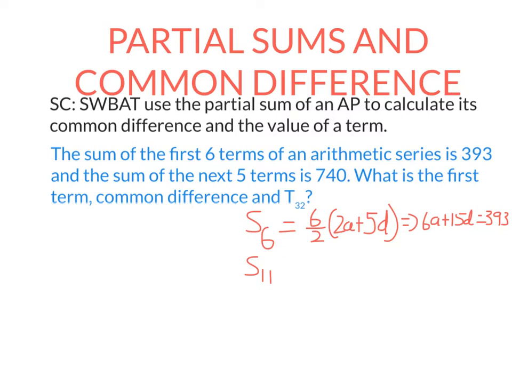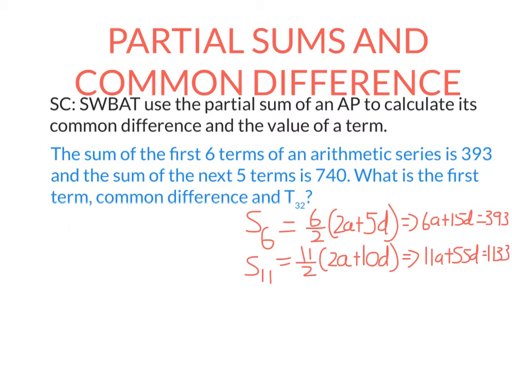So S11, n is 11, n over 2, 2a plus (n minus 1)d. 11 over 2 times 2a, I get 11a plus 55d. So that's an expression for the sum of the first 11 terms of any arithmetic series, and I'm told that that's equal to 393 plus 740, which gives me 1133.